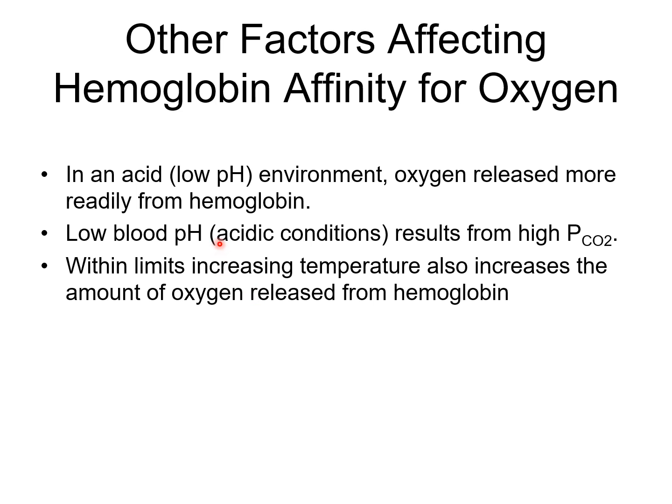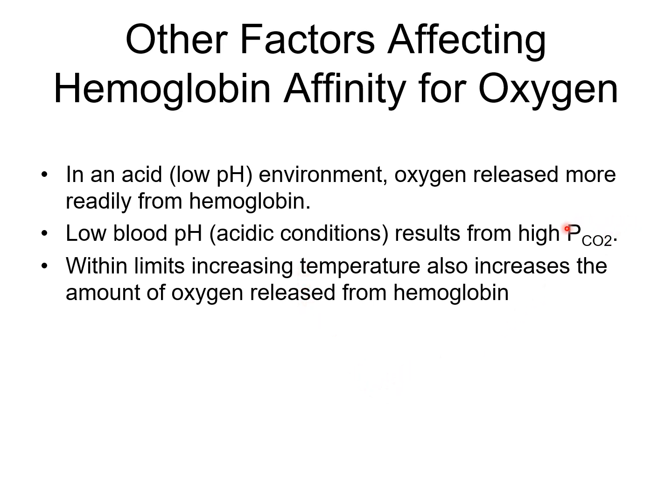Hard-working cells, skeletal muscles, also release acids. Lactic acid is a typical acid that accumulates in the tissue fluid, and that acidic condition also creates a favorable movement for oxygen from hemoglobin to the tissues.